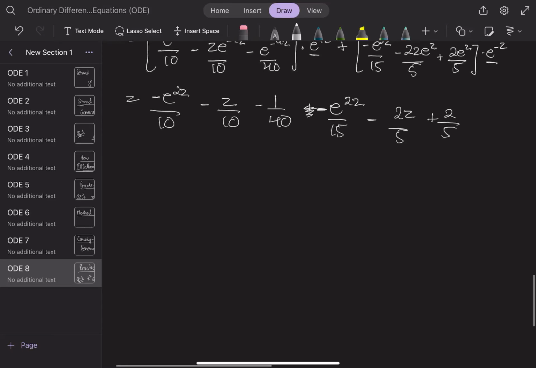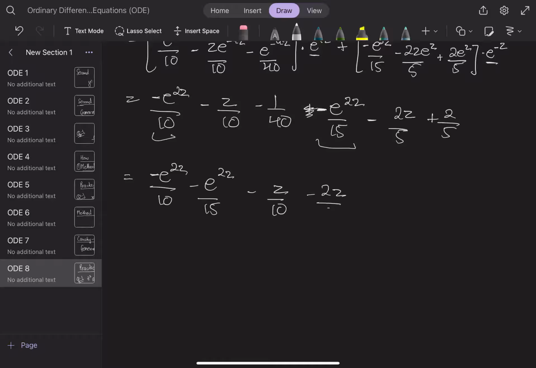Now let's club the like terms. So this and this will be clubbed. Minus e raised to 2z by 10 minus e raised to 2z by 15, minus z by 10 minus 2z by 5, this and this, and the last this and this, plus 2 by 5 minus 1 by 40.